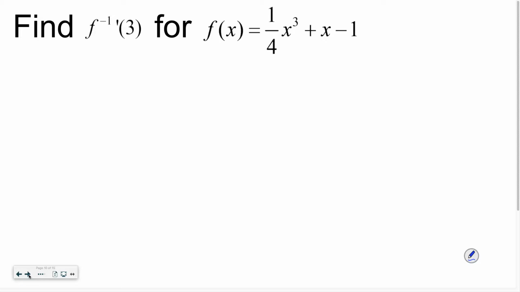What we first need to decide, this is the x coordinate for the inverse, which means what about our function? Is it the x coordinate for our function? No, it's the y coordinate. If this is our x coordinate for our inverse, then it's our y coordinate for our function.